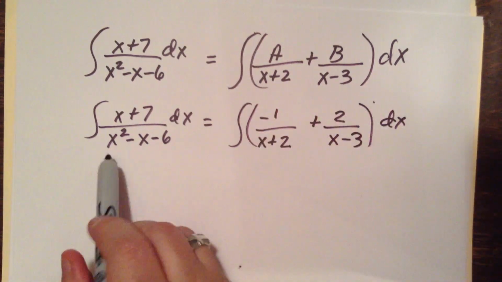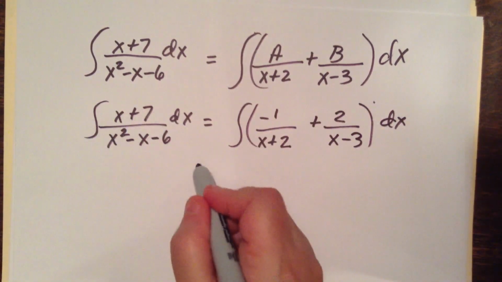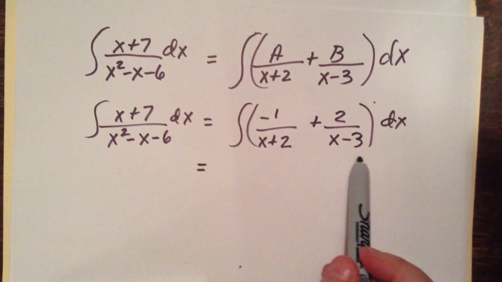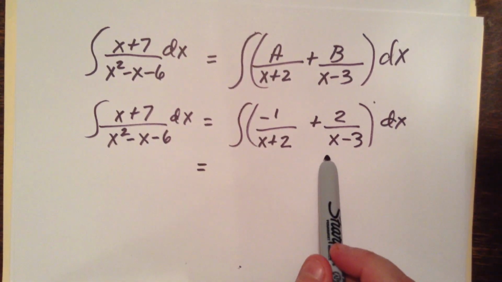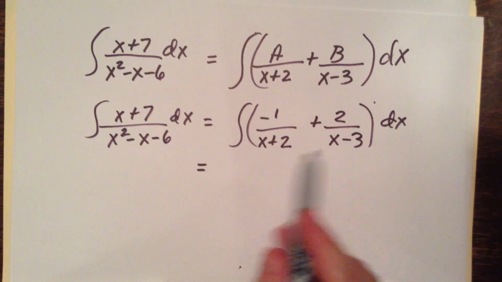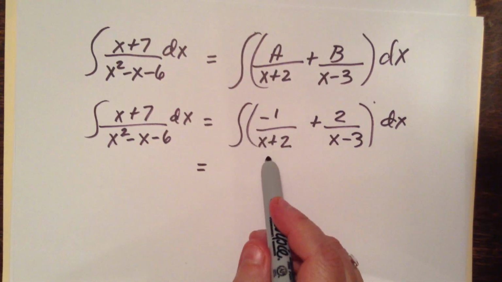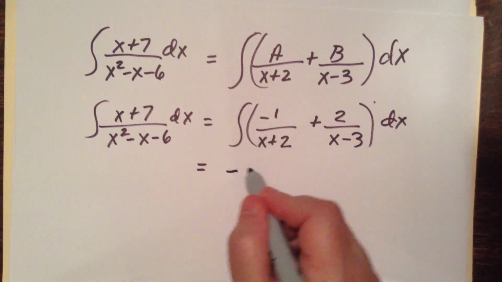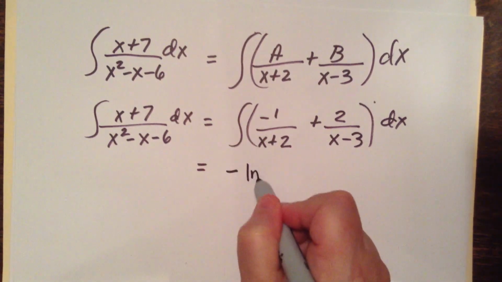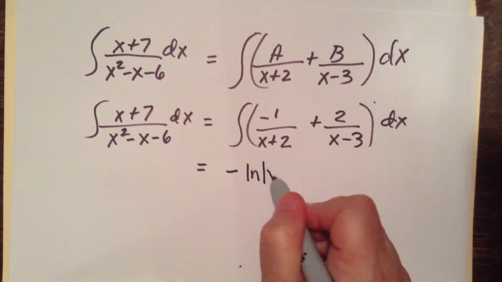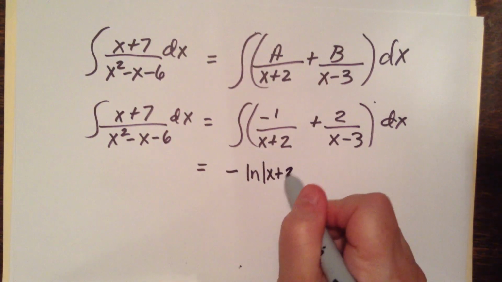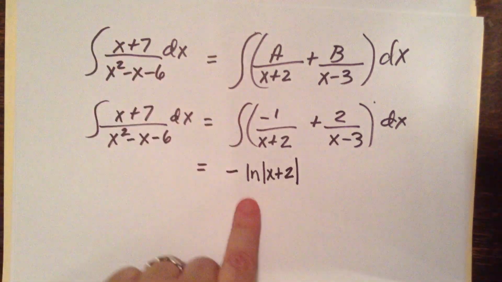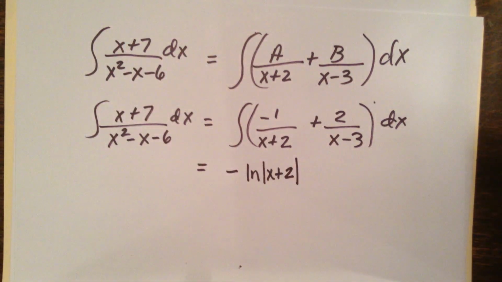Now we may not be able to integrate this, but because we broke this down using partial fractions, we can integrate this sum fairly easily. I think we would all agree that if I bring the negative out, the numerator would be the derivative of the denominator.